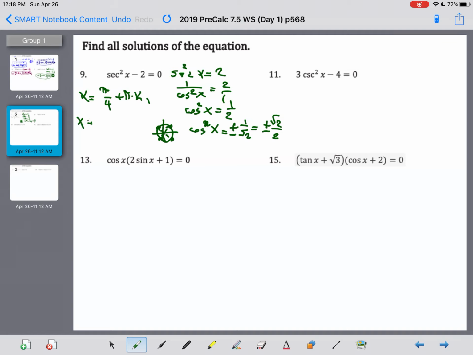And then I'm going to say 3 pi over 4 plus pi k, because I'll have kind of opposite ones there. Okay. Now there are ways that we could kind of combine these, but right now these are just fine here.